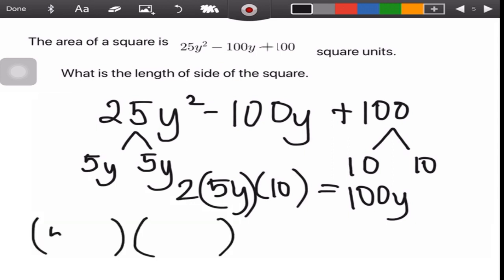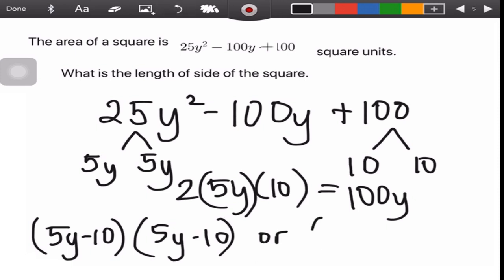The factor of the first term, and then the factor of the last term, and then copy the sign of the middle term, which is minus. Or we can write this one as 5y minus 10 quantity raised to the second power.